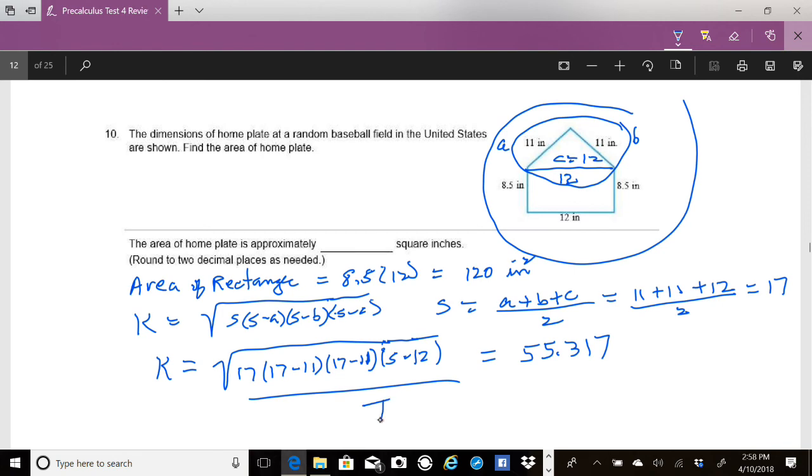So the total is going to be 120 plus, let's round this off to the nearest hundredth, 55.32, which adds up to 157.32 square inches is the area of the home plate.